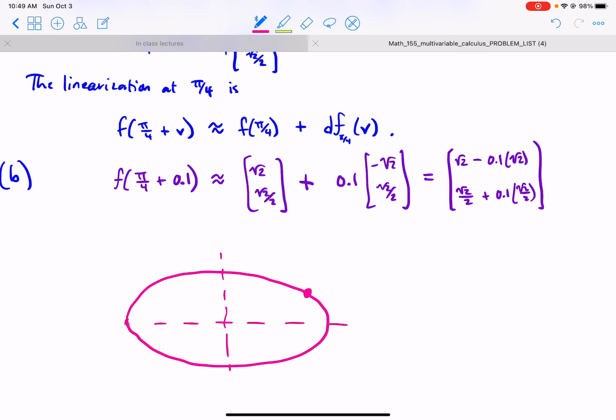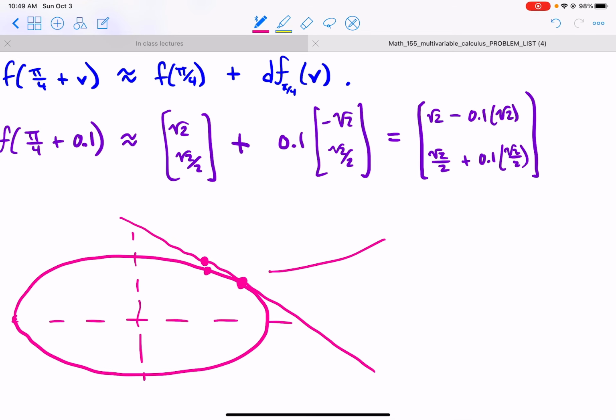And our point is somewhere. This is our point, and then we're going to have sort of, in our mind, we think of that, and this is our approximation here. And the true value was like maybe here. Who knows where the true value is? It's definitely on the ellipse.